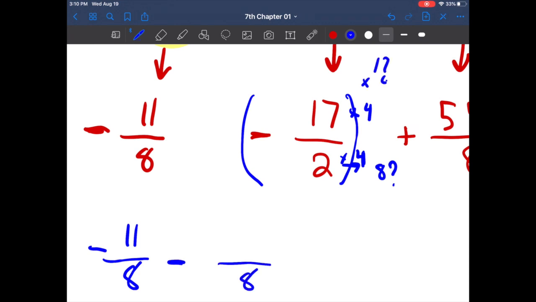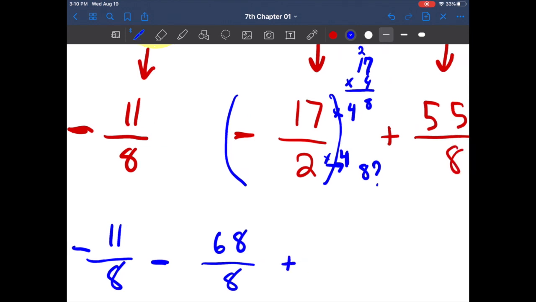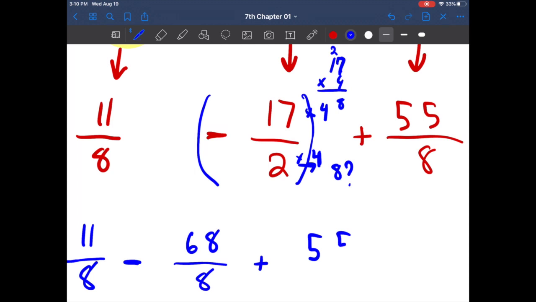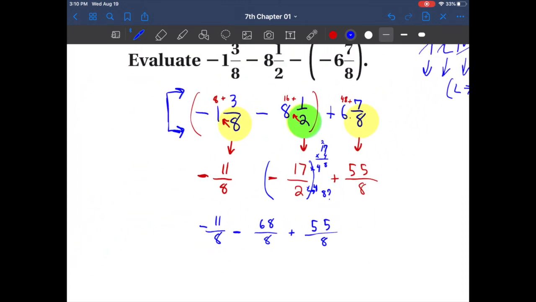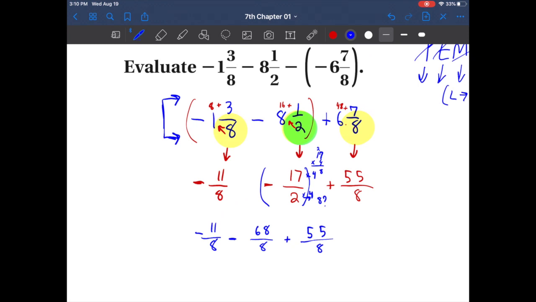Let's do 17 times 4. 4 times 7 is 28. Carry the 2. 4 times 1 is 4, plus 2 is 6. So it's going to be 68 over 8. And then we have plus 55 over 8.